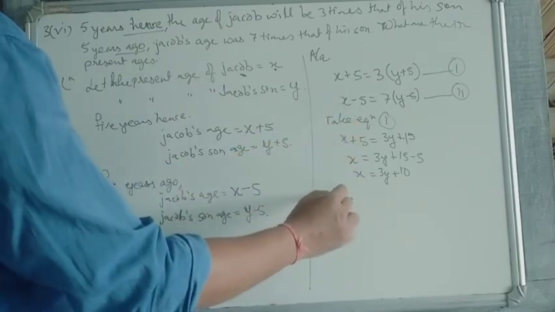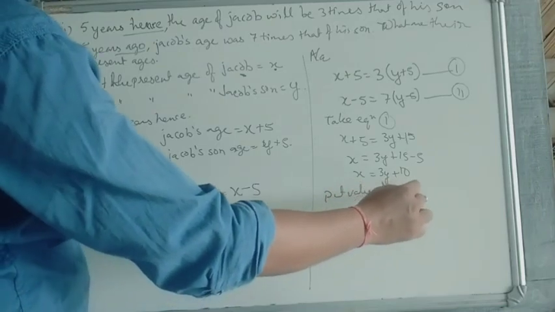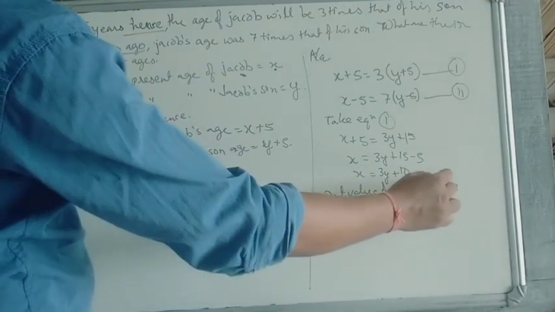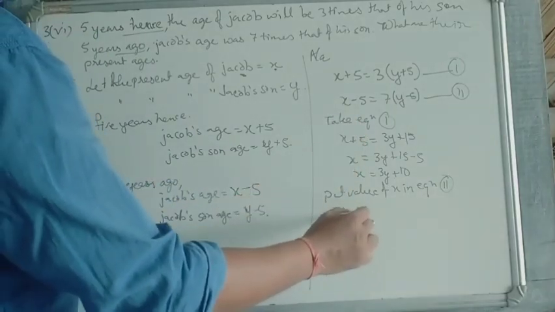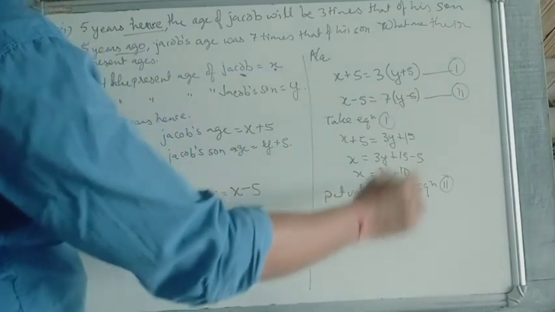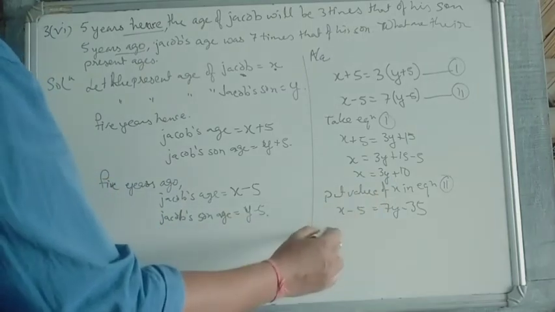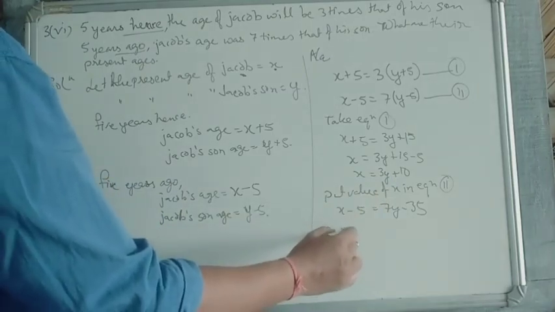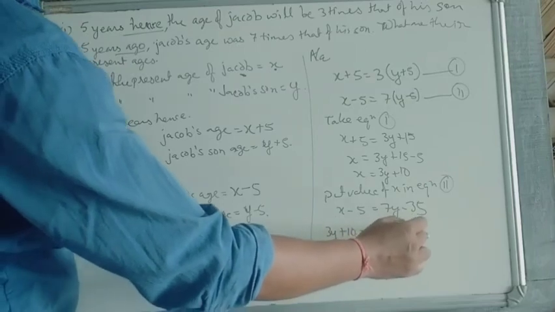So put the value of x in equation 2. So x minus 5 is equal to 7 into y, 7y, 7 5s are 35. Now the x value we put: 3y plus 10 minus 5 is equal to 7y minus 35.